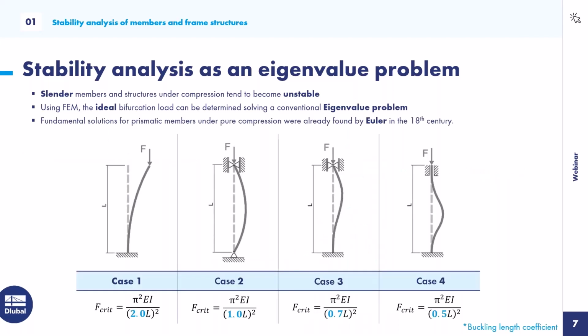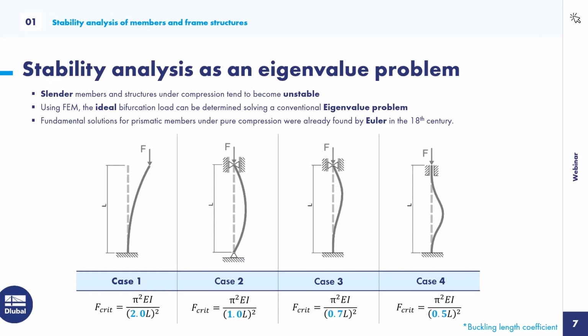We want to start with some fundamental solutions that are very well known amongst civil engineers. Euler already in the 18th century provided some simple analytic solutions for prismatic members under pure compression. They are well known as the Euler cases. I have listed the 4 fundamental cases here with the analytical formulas to calculate the bifurcation load or the critical load.